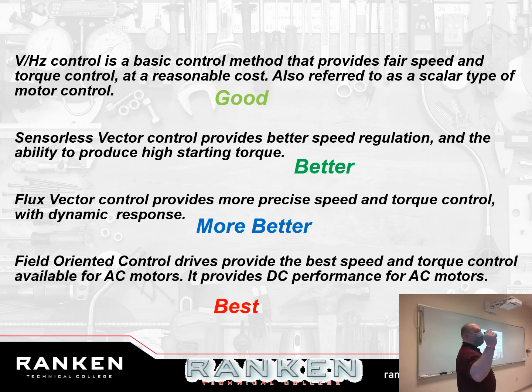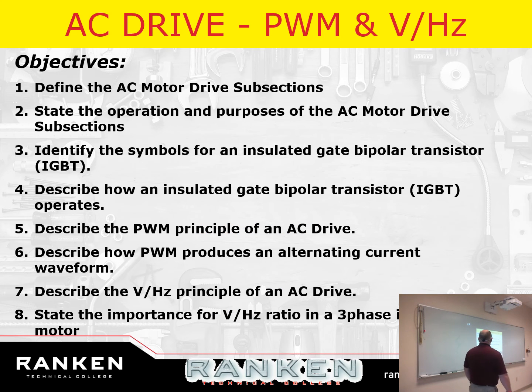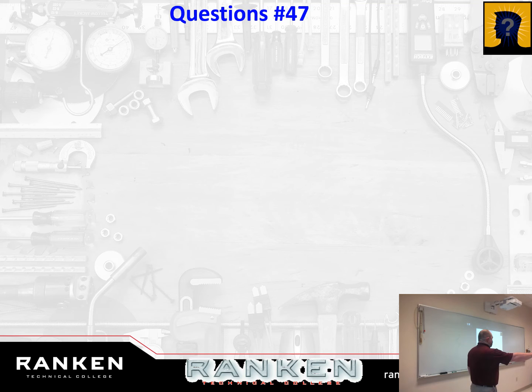So they can tell exactly how it's working based on monitoring the magnetic field that's inside of it. It's not monitoring RPM, it's not monitoring amps, it's not monitoring any of that. It's monitoring the actual magnetic flux that's going on inside the motor. Okay? So, all I really want you to know is good, better, best, most best.